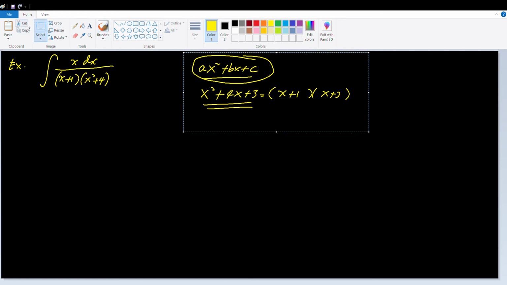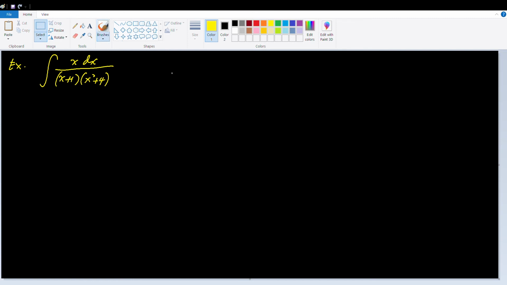So just like what we have done before, we isolate the integrand and rewrite this as a sum of partial fractions. So x all over x plus 1 times x squared plus 4. The denominator is already presented in the factored form.